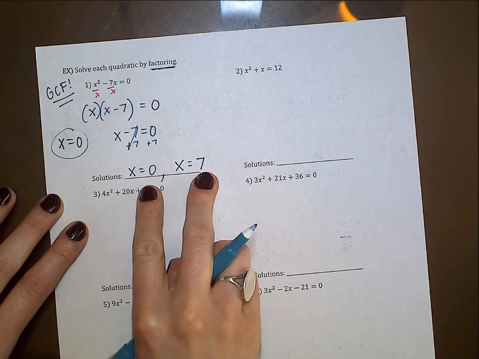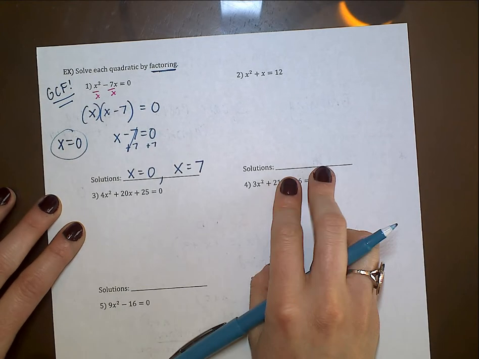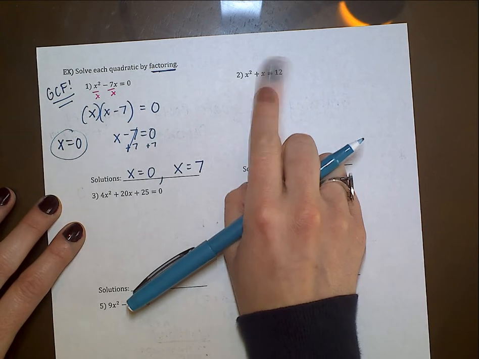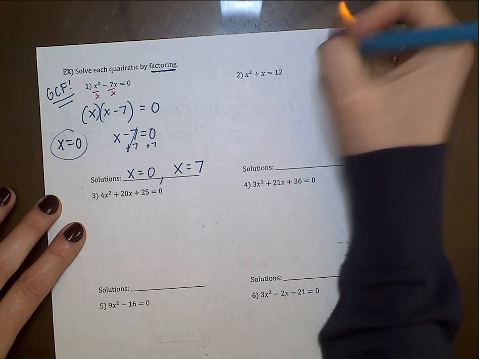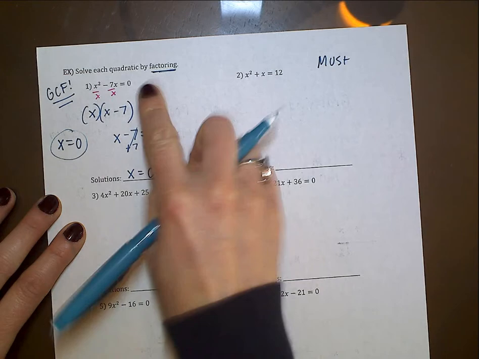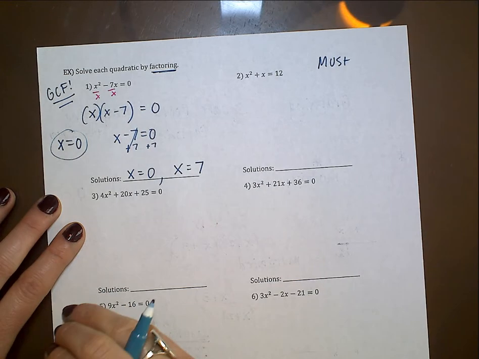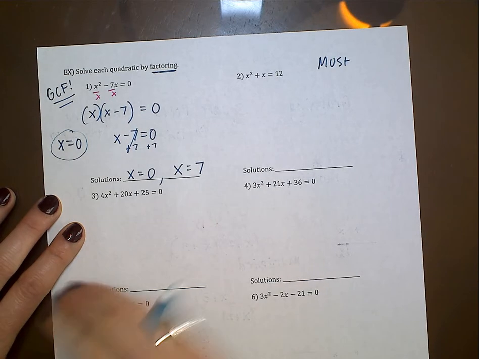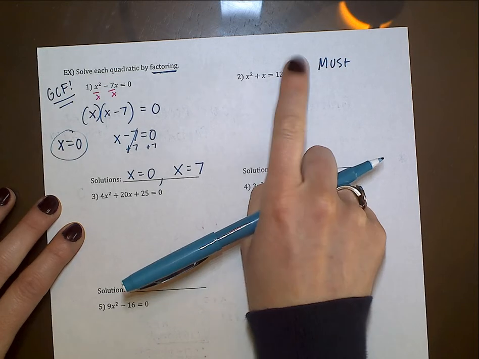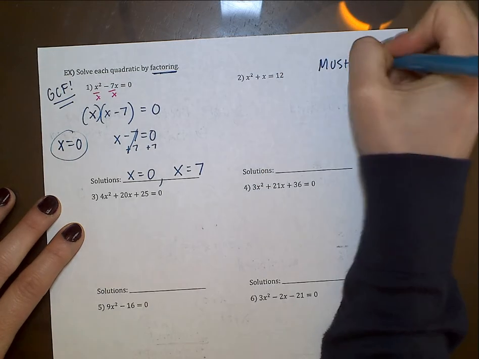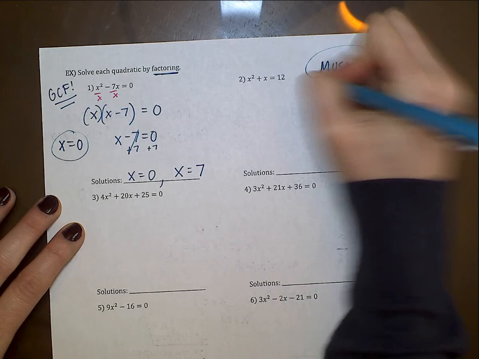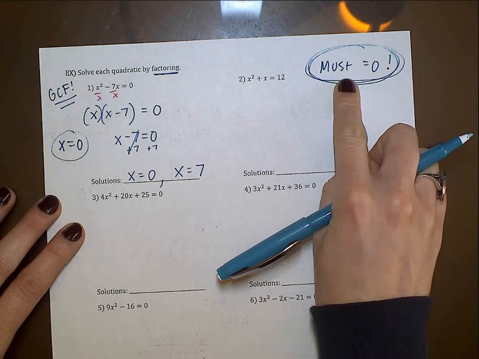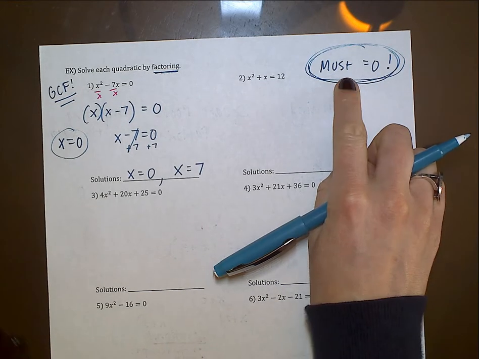Okay, let me do another one. Now, something to point out about factoring. You always have to end by using the zero product property, so that means that this equation has to equal 0. Huge note to make right here. To use the zero product property, the equation must equal 0.